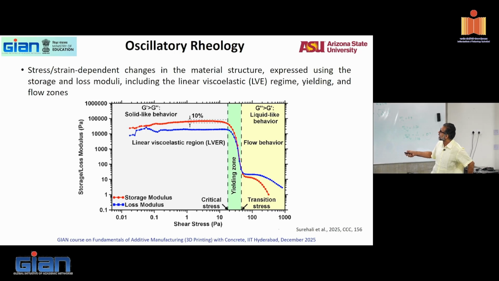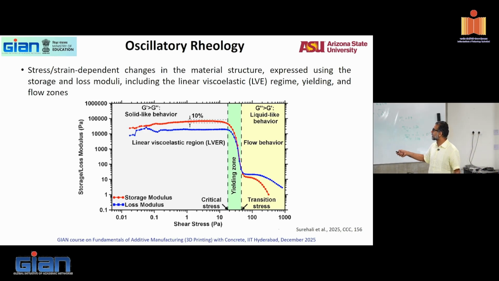As long as they are parallel, this is your linear viscoelastic regime. Here, the material behaves in a linear viscoelastic fashion, which means viscosity is still an acceptable term there.